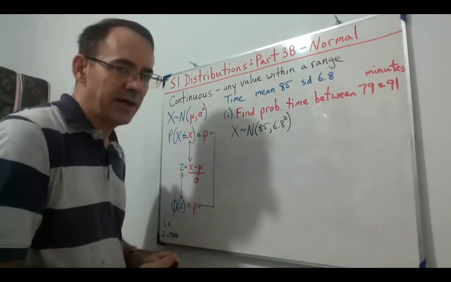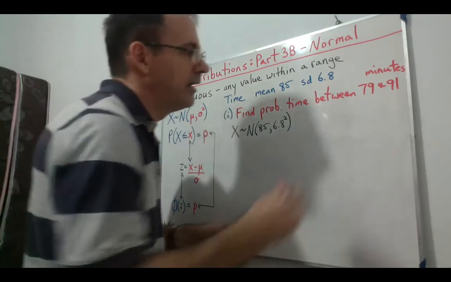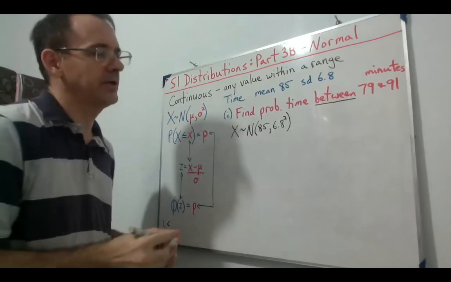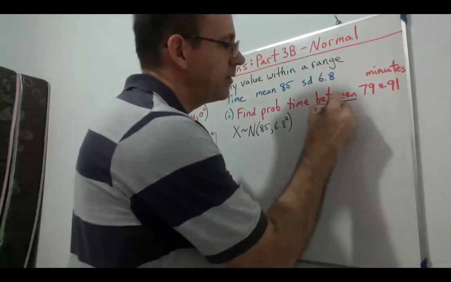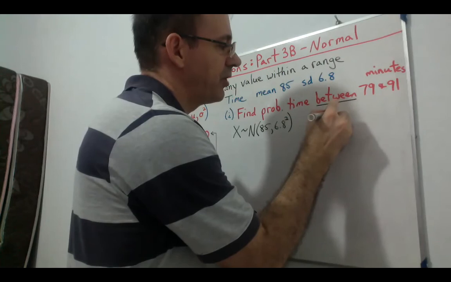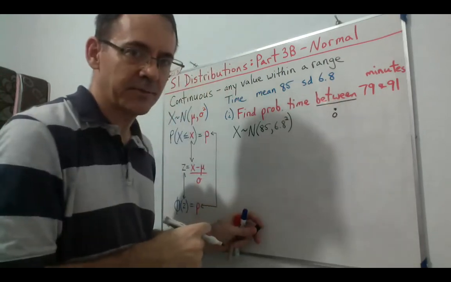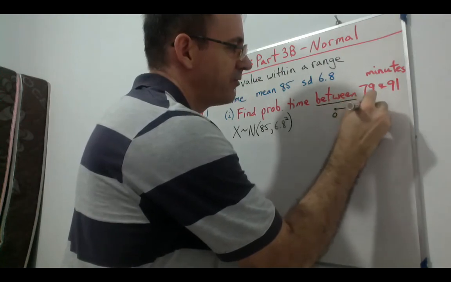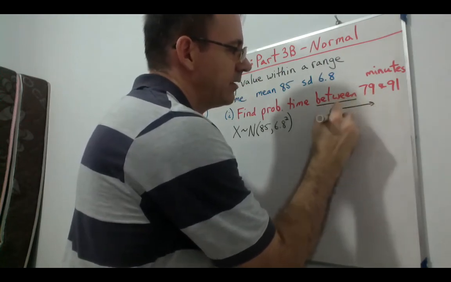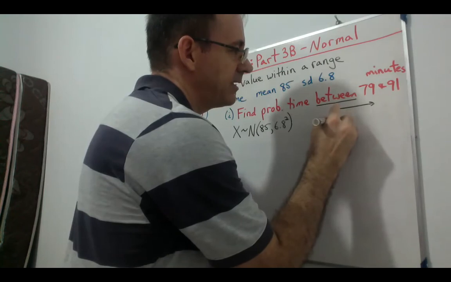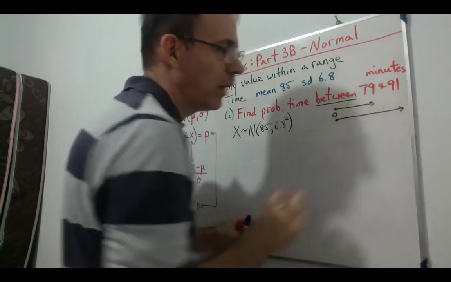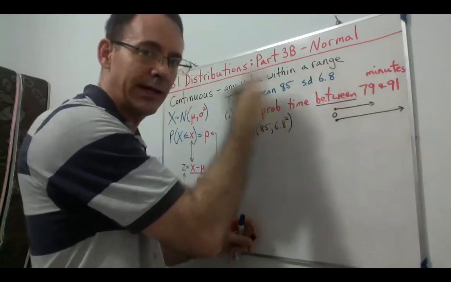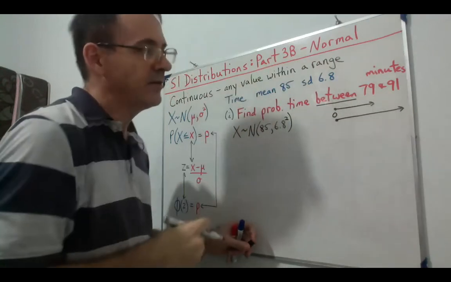Well, notice that our probability is now between two values. So if we're looking at, say, 0 as our point of reference, that means we're looking at the probability of 79 to the probability of 91. Remember, your probability is from that point left, the less than value.